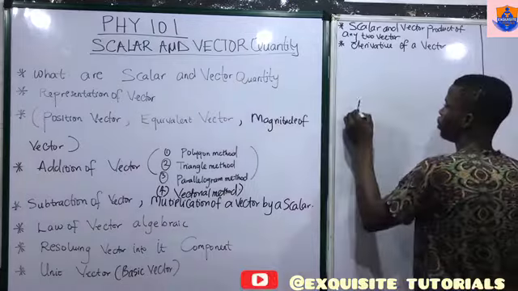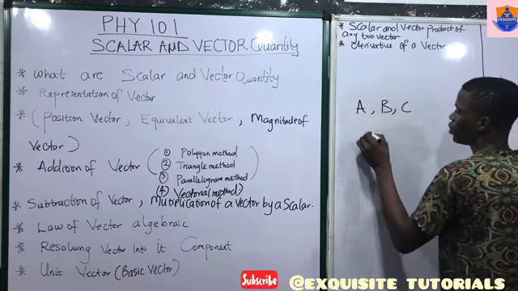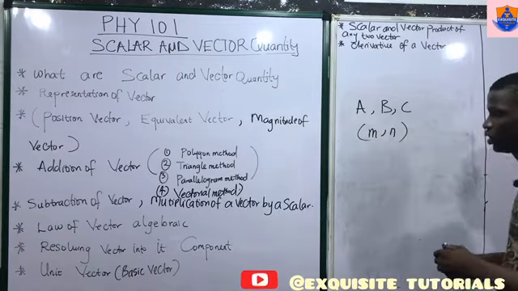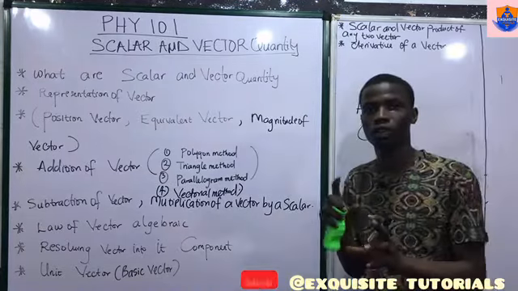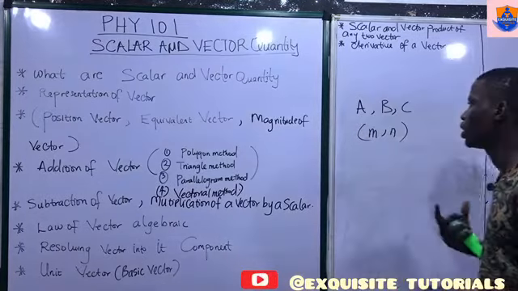So assuming these are 3 vectors A, B, and C, and we're given constants M and N. Constants, like I said, are just normal values. They can be 22/7, they can be 240, pick any number. They are the constants.